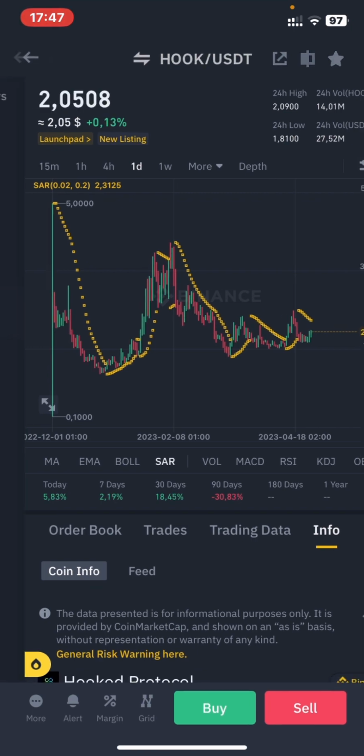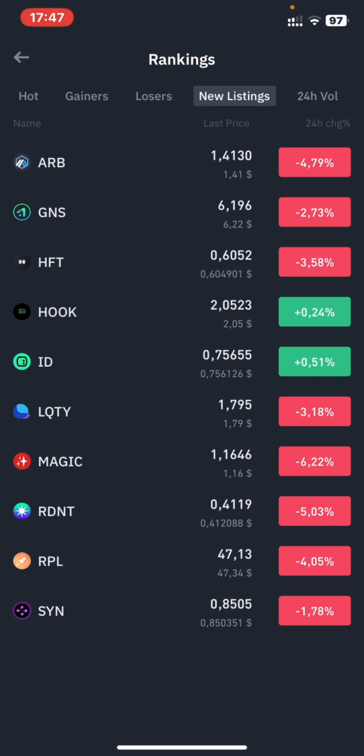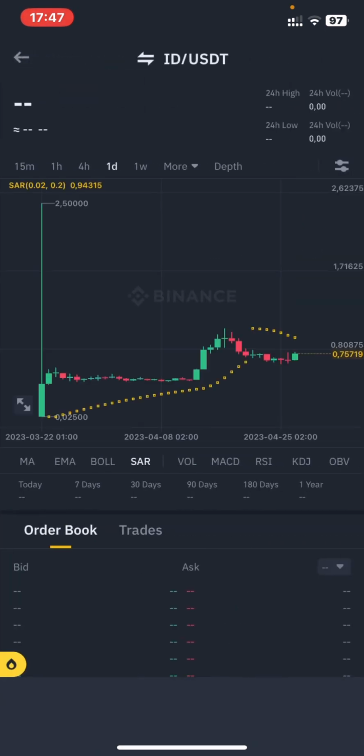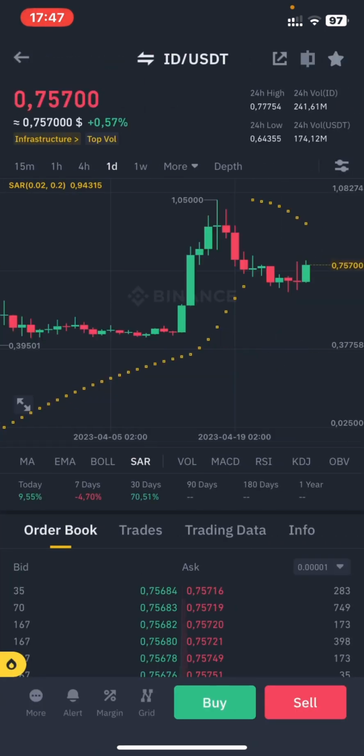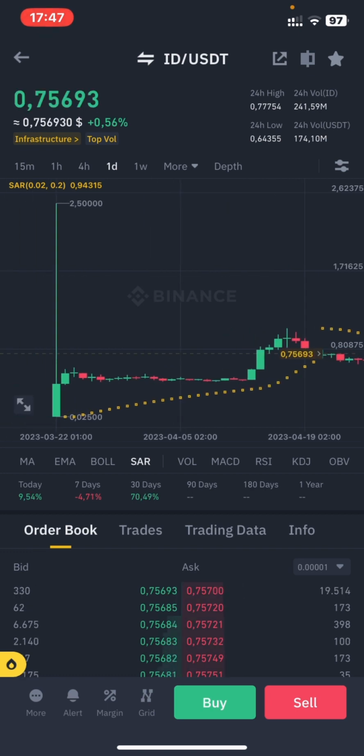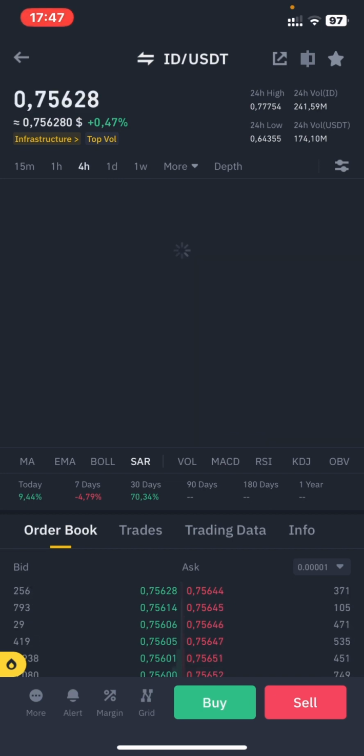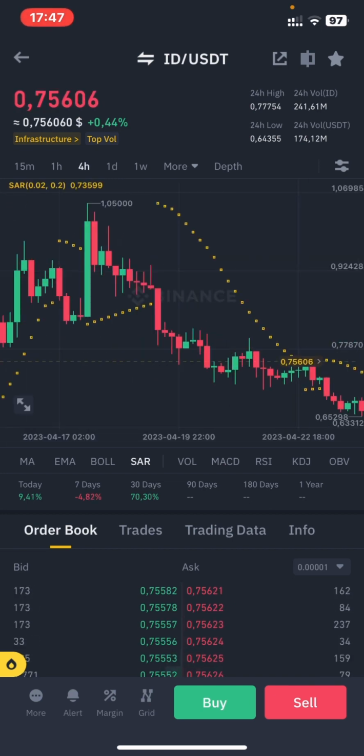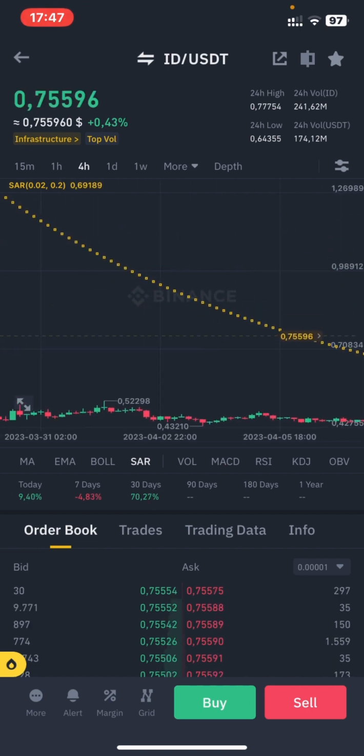And let me show you another token right now. The same thing goes for this ID token. This token also was launched on Binance Launchpad or Launch Pool. Let me go to the 4 hour chart.